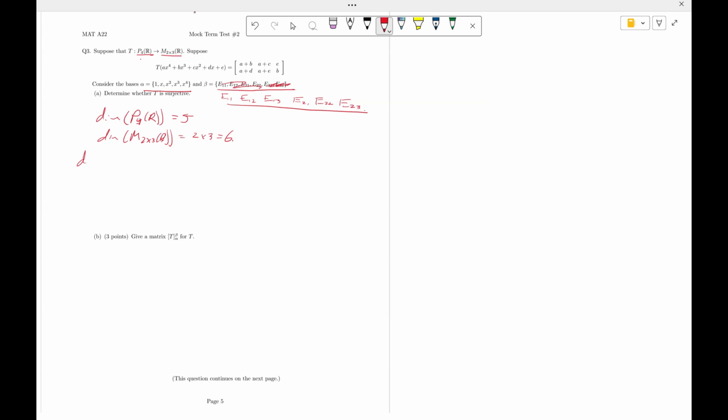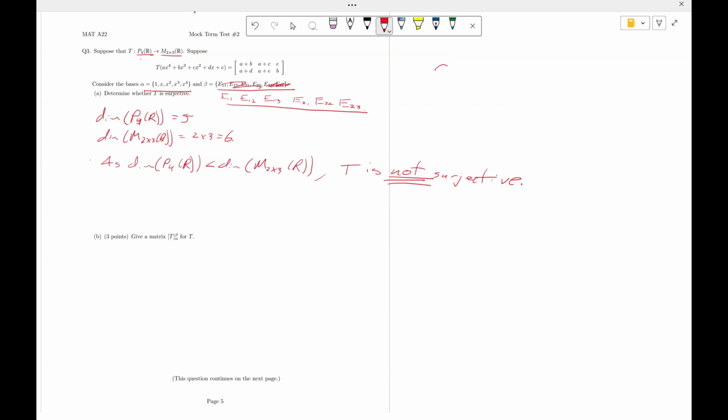Now, as the dimension of polynomials of degree at most 4 is less than the dimension of 2 by 3 matrices over R, T is not surjective. T does not land on every point. Okay, we know that simply by the dimensions.